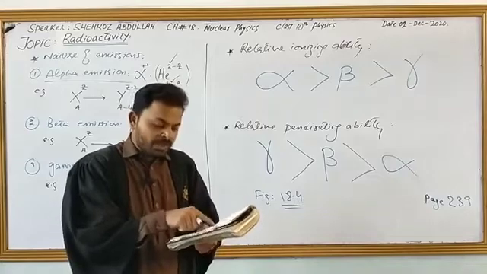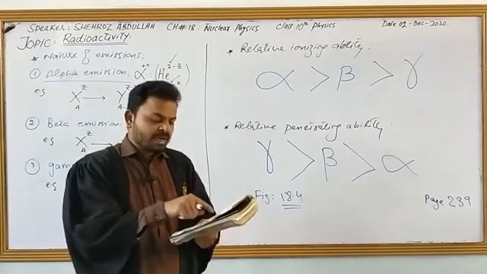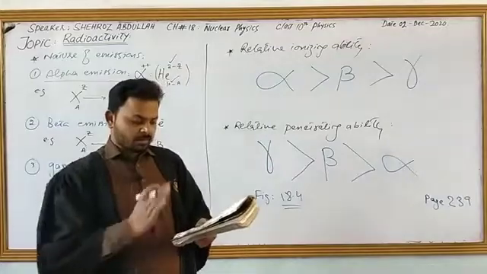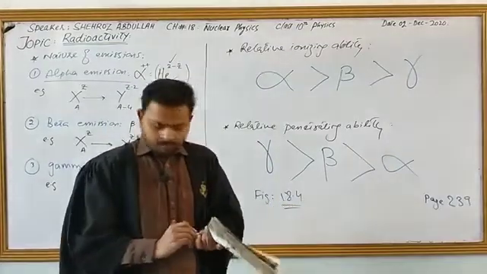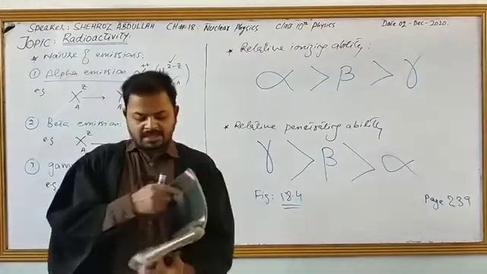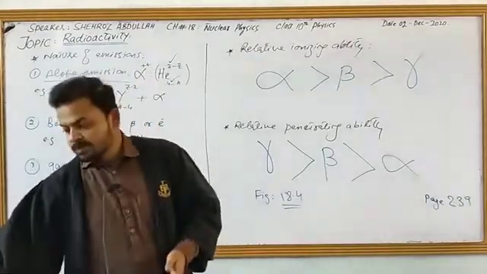Gamma can pass through paper, aluminium foil, and lead or concrete too. Okay, clear? Okay. So this was all about today's lecture, and let me summarize today's work.